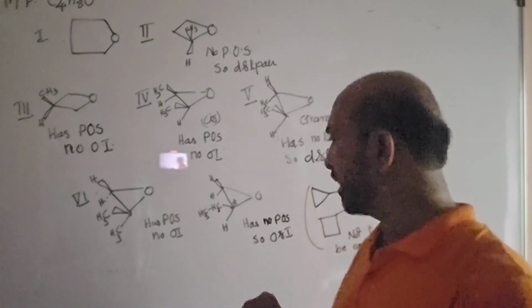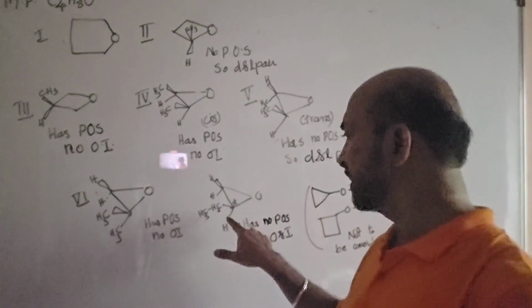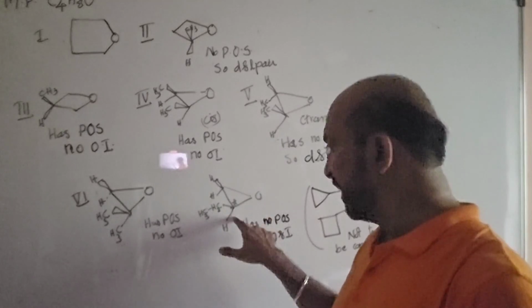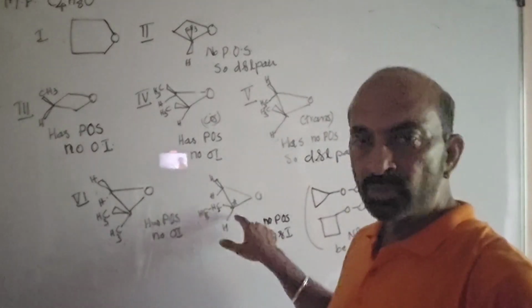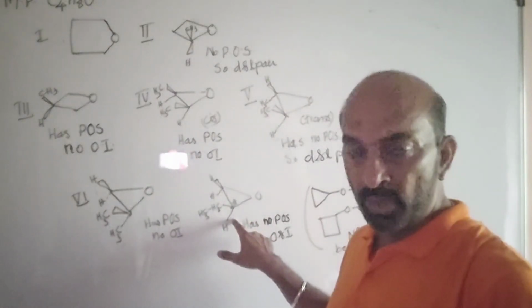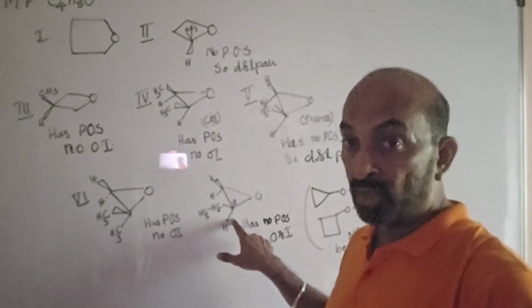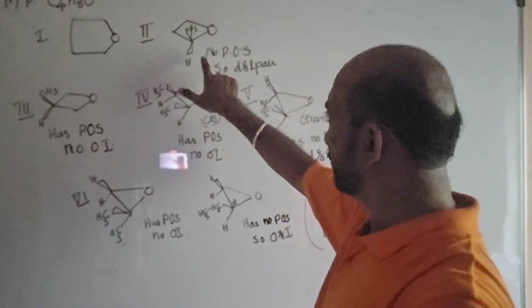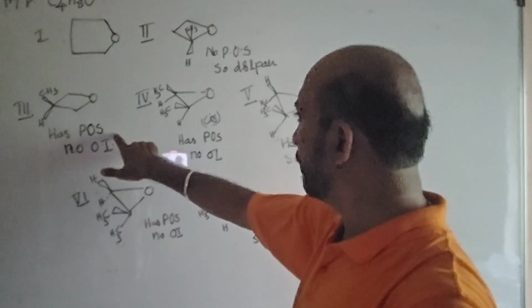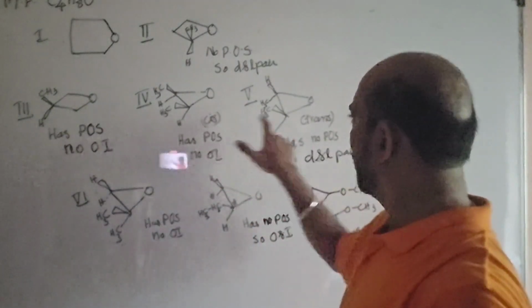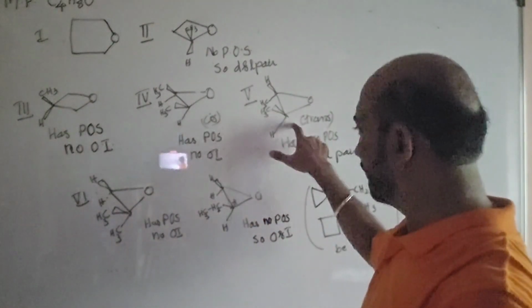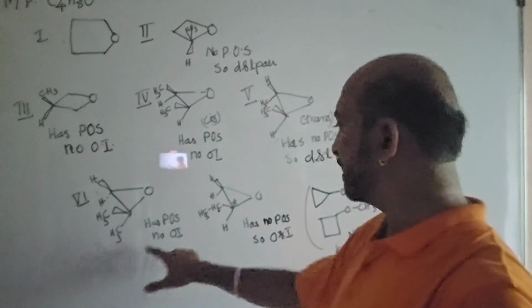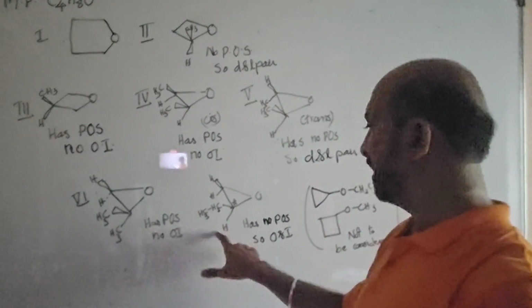So all the 4 carbons are considered now. Remember, it has no plane of symmetry, so it will have dextro and levo forms, making a total of what? Look, 1, 2 and 3, 4, 5, 6 and 7, 8, 9 and 10.